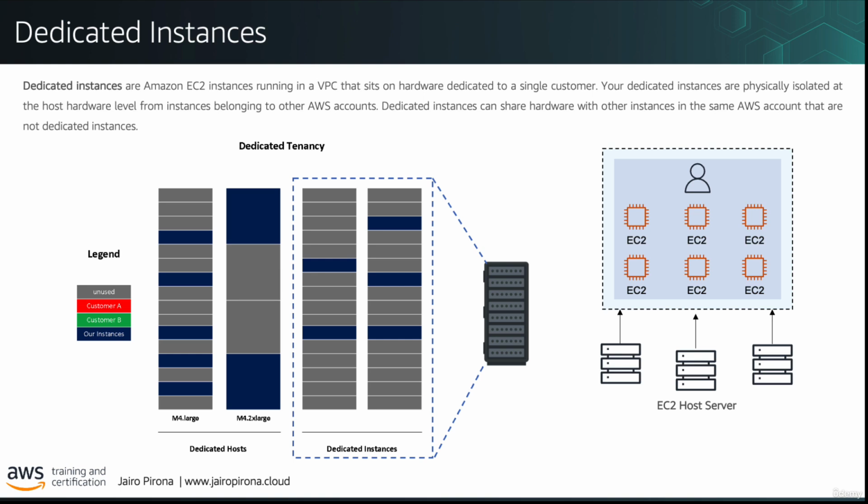So, on a dedicated host, I have absolute total control. If I launch an EC2 instance, I know that it's always going to be on the same server or physical host that I'm managing. With a dedicated instance, I don't have control of the server or physical host on which I'm launching that instance. But still, both the dedicated host and the dedicated instances are only mine and nobody else's.